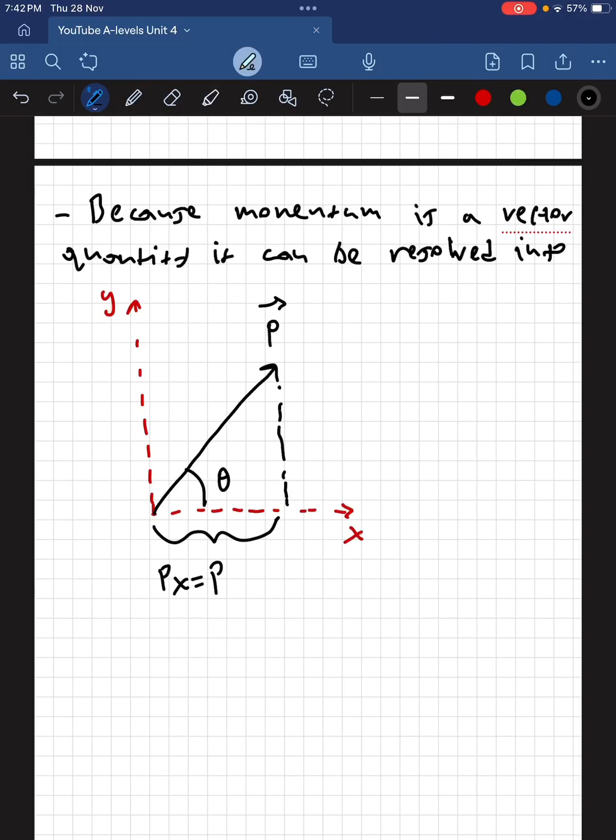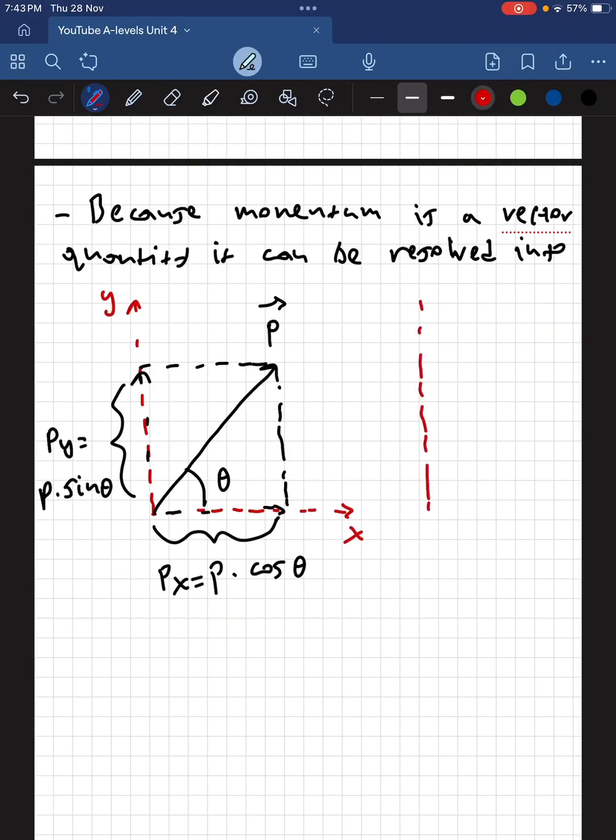Px is simply p, the magnitude of p, times cosine theta. You can put little arrows here to denote the components. And this is the y component. Py is p sine theta. But in other problems, they might give you this: this is still the y-axis, this is the x-axis, and this is the exact same vector as we saw in the previous example.